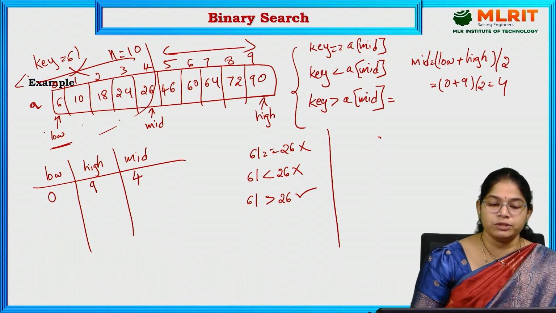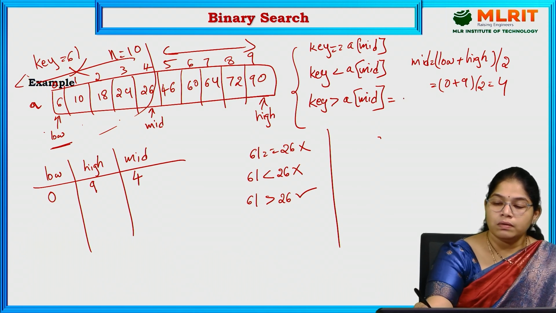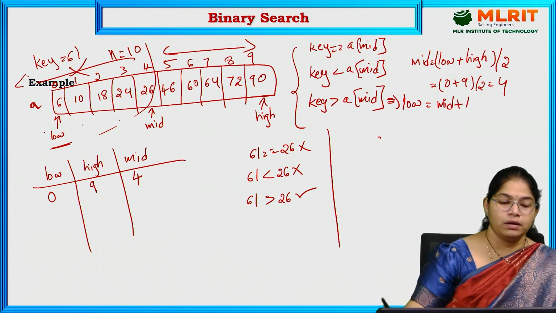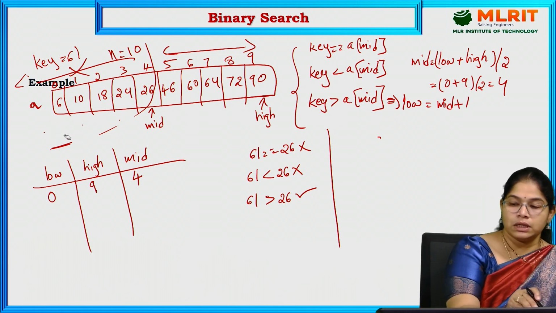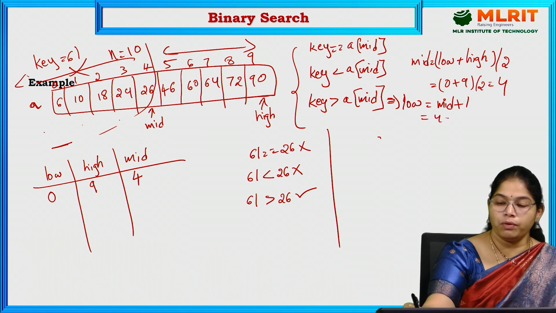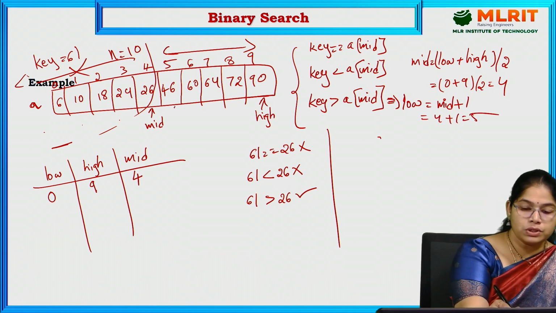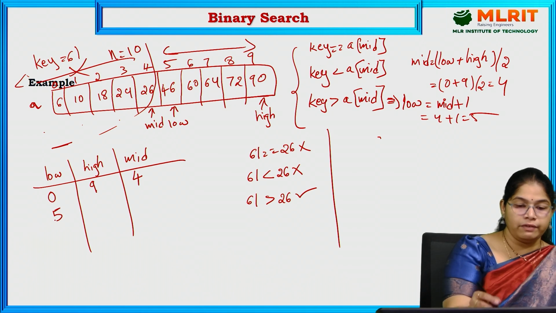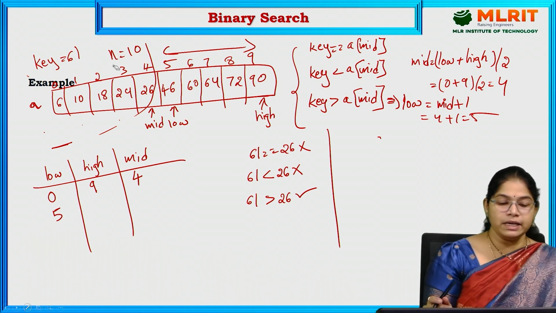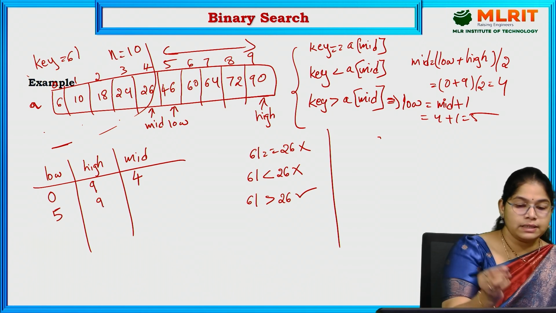Low is equal to mid plus 1. Mid is 4, 4 plus 1, now it is 5. So now here we have low. Low value is 5. Now high remains the same, high is 9.